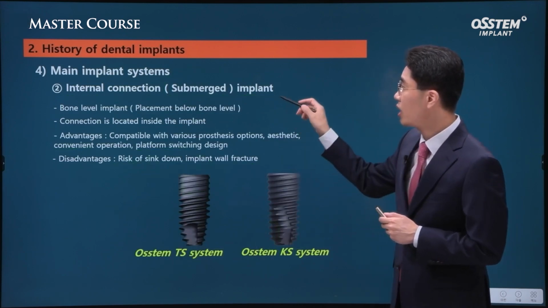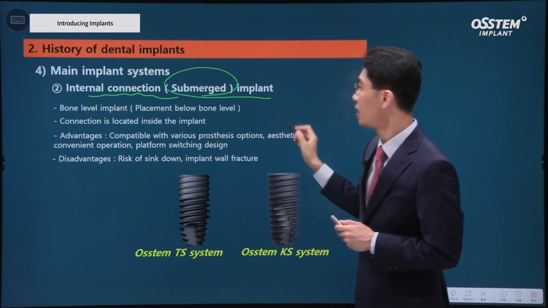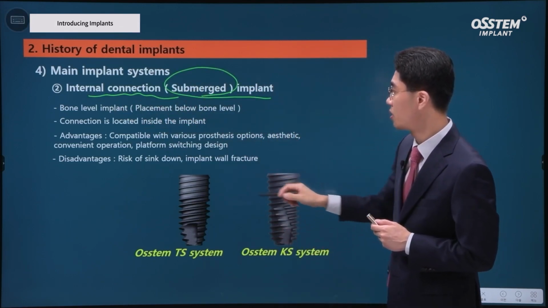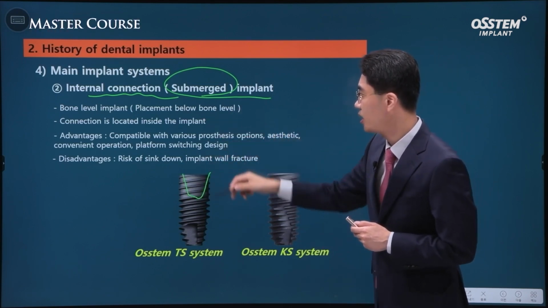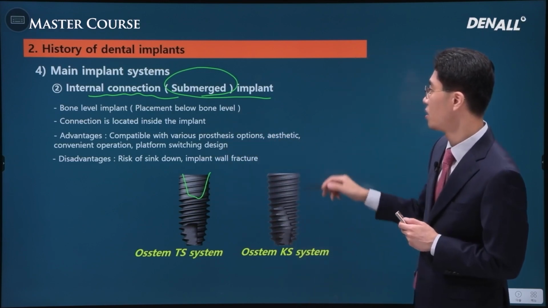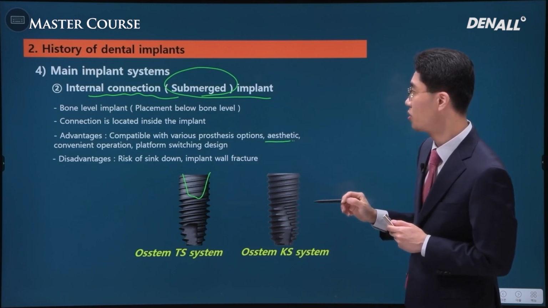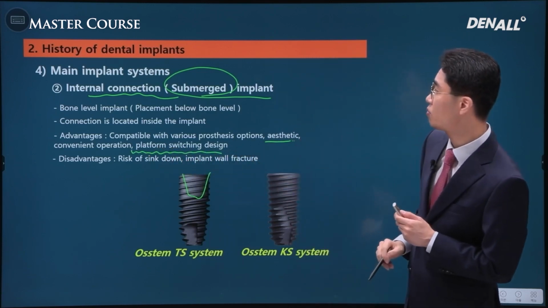Internal submerged type implant or bone level implant is what we use most frequently. As shown, implant abutment is connected internally. It is used frequently in aesthetic zones. Another major trait is that it has platform switching design.